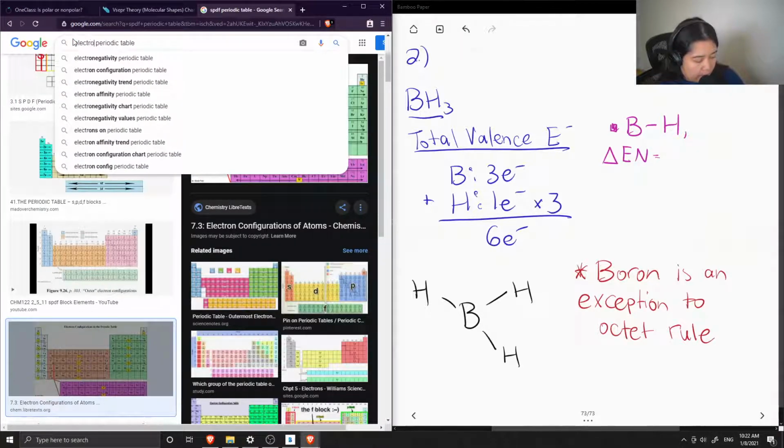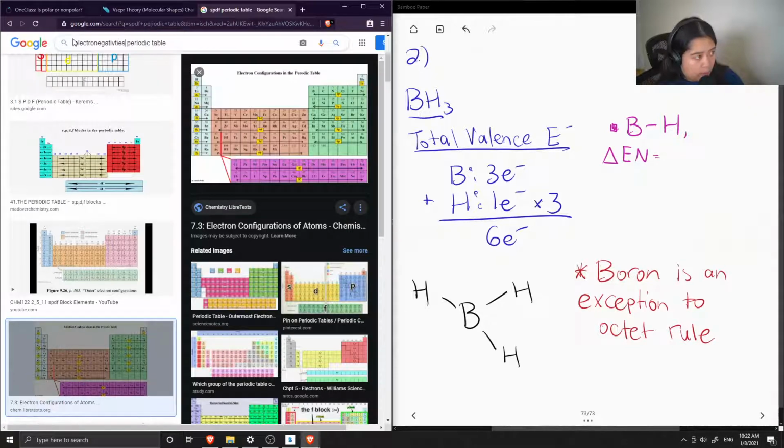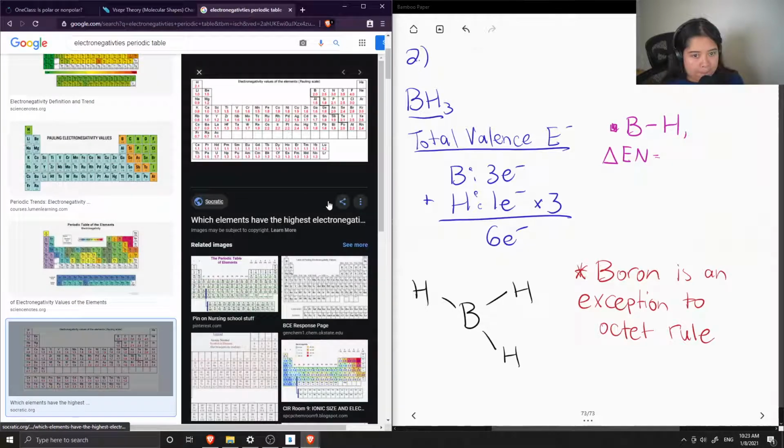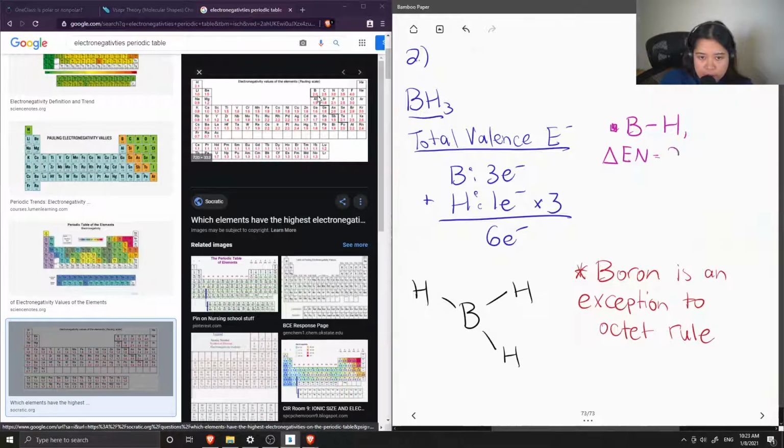So let me look up electronegativity values on the periodic table. Boron's electronegativity is 2 and hydrogen's is 2.1. So they're pretty close, and the difference is only 0.1. Because it's only 0.1, this tells us that the boron-hydrogen bond is nonpolar.